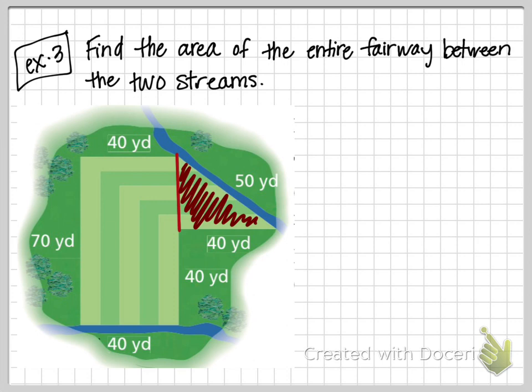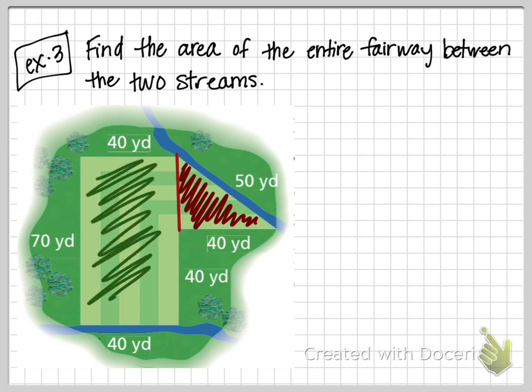We also have a rectangle. So we could decompose this whole fairway into two shapes that we can find the area of.